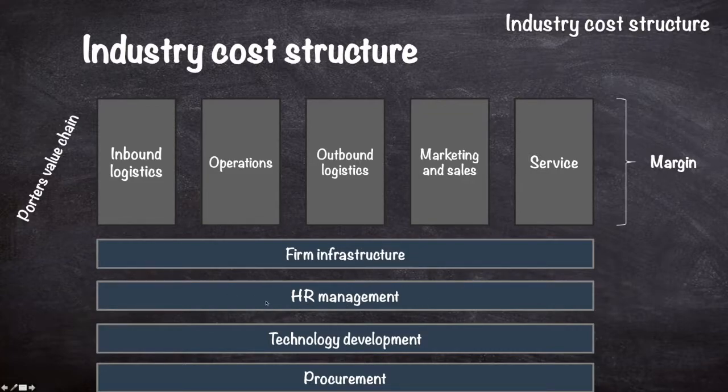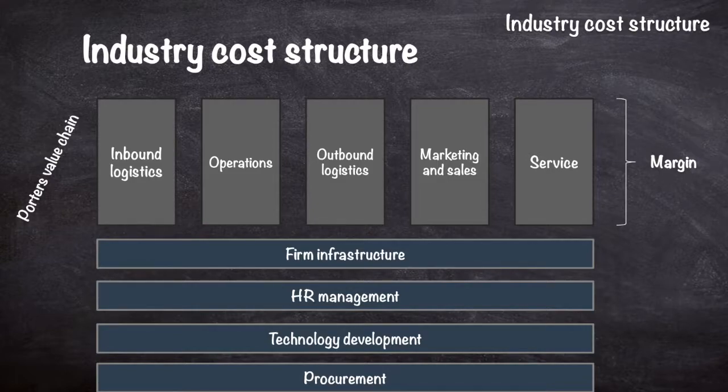Then we have human resources management: employee recruiting, hiring, training, development and compensation. Then we have technology development, technologies to support the value creating activities that we have here. And then we have procurement, purchasing inputs such as material supplies and equipment.